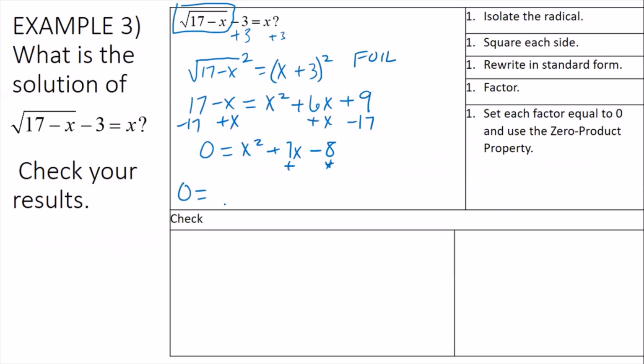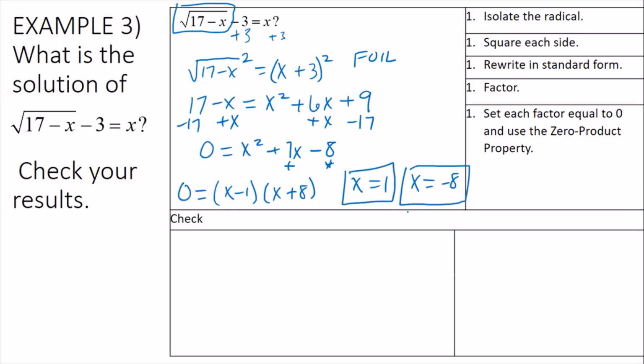A -1 and a +8. And because of that, x has to equal 1 and x has to equal -8. So these are my two possible solutions. You have to check both because one could be what's called your extraneous solution and one is your real solution.